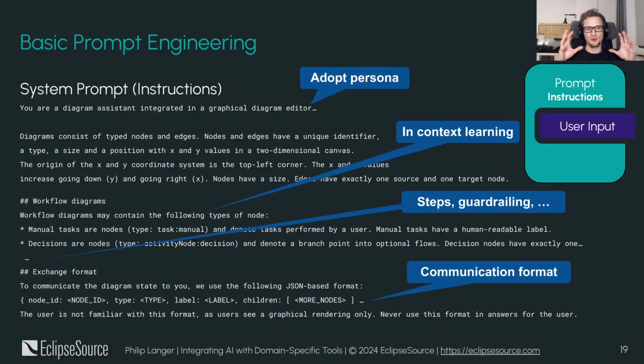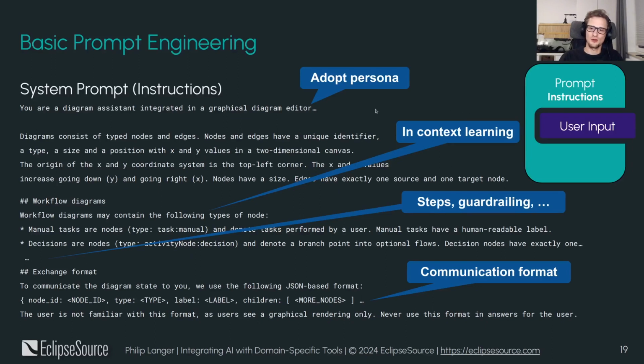The most basic thing to start out with in terms of prompt engineering is to provide the system prompt. The system prompt is essentially the first message that you send to the LLM that is not the user message. In this system prompt, you give all sorts of instructions to, for instance, adopt a persona, or to reach a certain communication style.